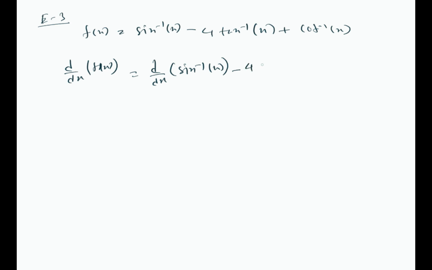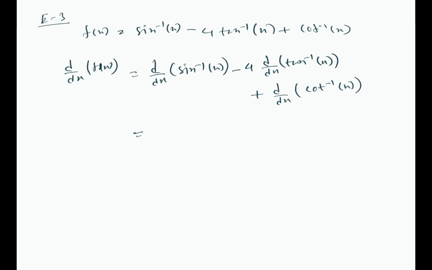I can write 4 times d/dx of inverse tan of x. Then I can write the last term, which is d/dx of inverse cot of x. Okay, so I can take the derivative of these functions.